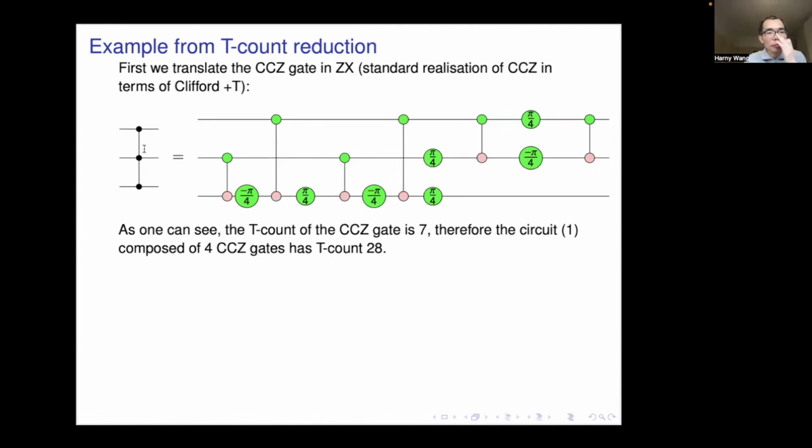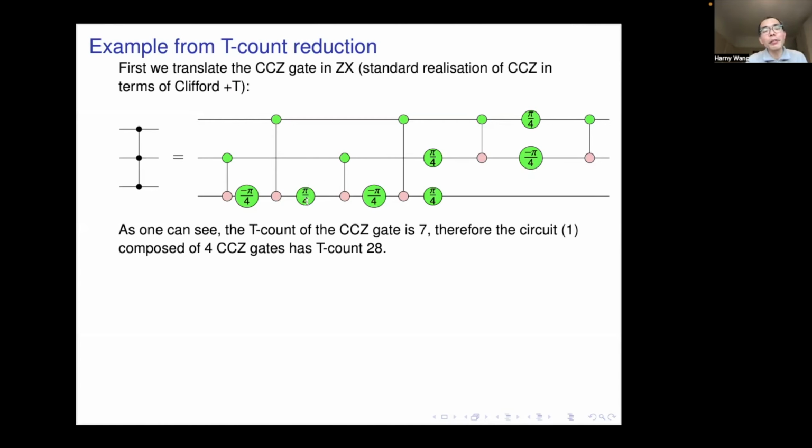Typically each CCZ gate can be implemented as here. Because the ZX diagram and the quantum circuit are very close, I just draw them in ZX form. This is the CNOT, this is the S dagger, this is the S gate.